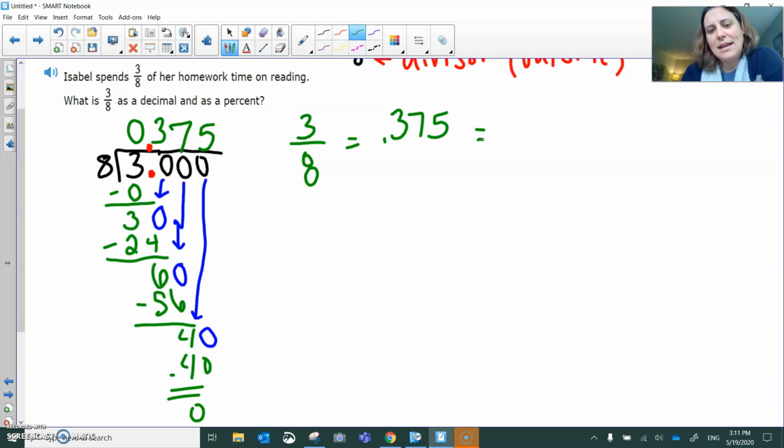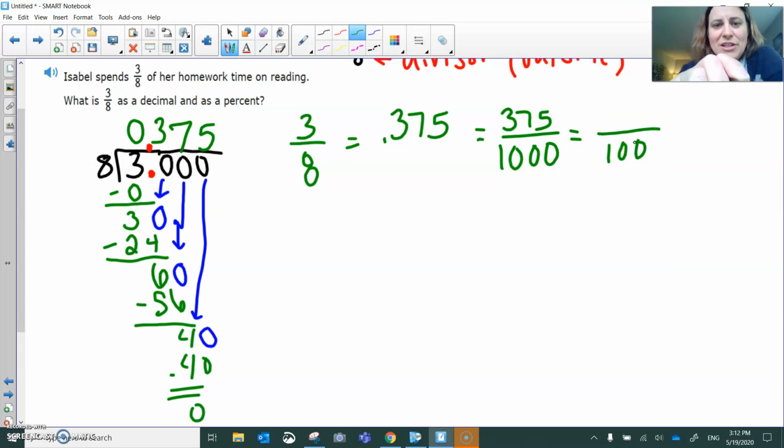0.375 is the same as 375 thousandths. But I know that a percent is over 100, right? So if we check this out, what would you do to 1,000 to get it to be 100? And the answer is divide by 10.